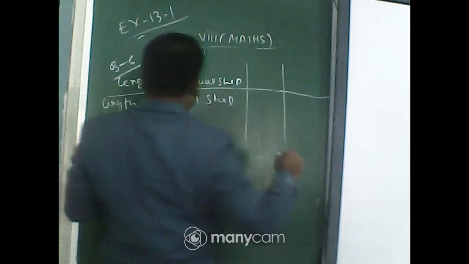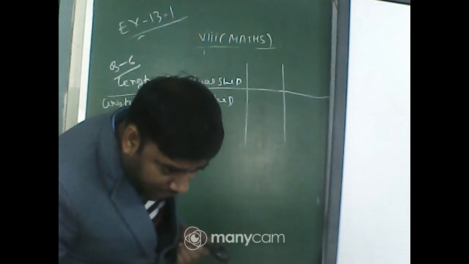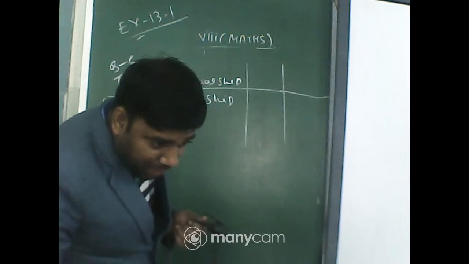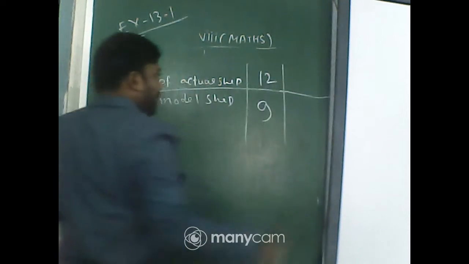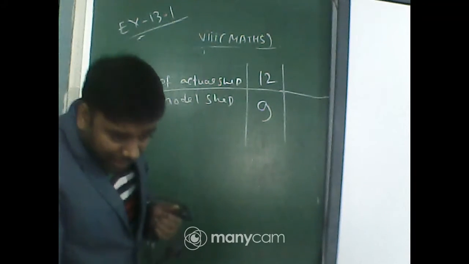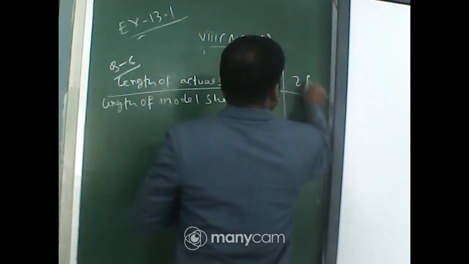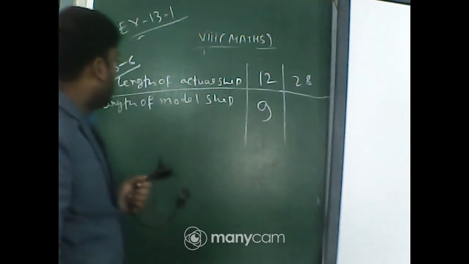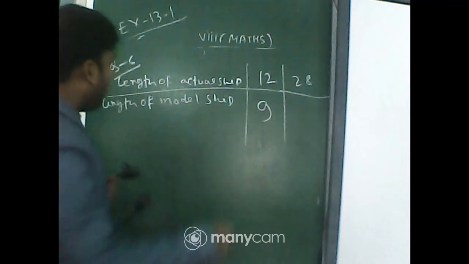When it is given the 9 centimeter height in the model ship, actual it is 12 centimeter. So model ship 9, actual 12 centimeter. Next, when in the actual ship 28 meter, what is the length in the model ship?